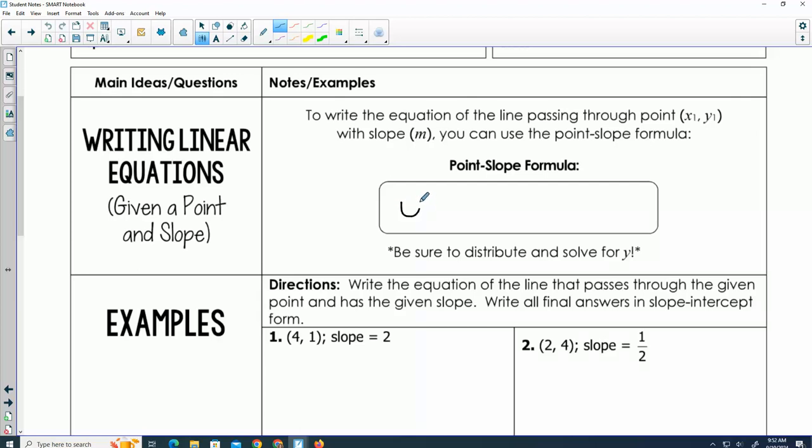Point slope formula is y minus y1 equals m times x minus x1.